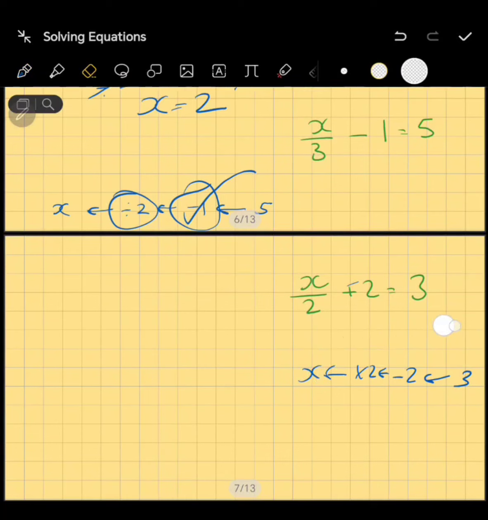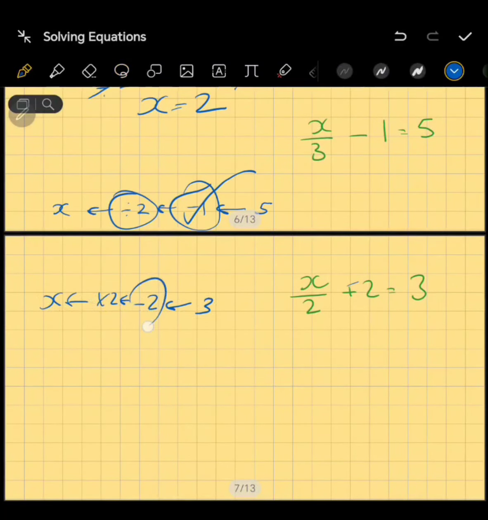So now I'm interested in the inverse journey only. Let's park that over here. First I want to take away 2. So take away 2, take away 2. 3 take away 2 is 1, and this cancels out. So I'm left with x over 2. That bit is done.